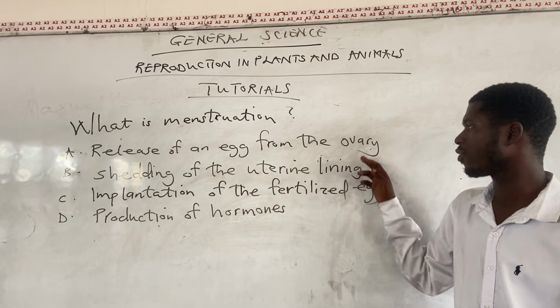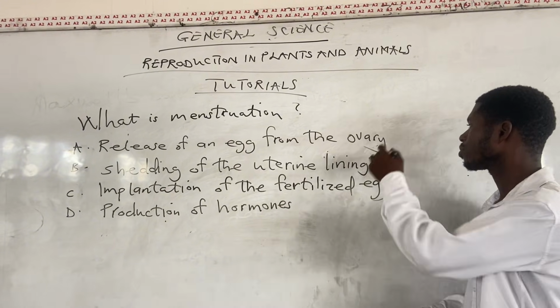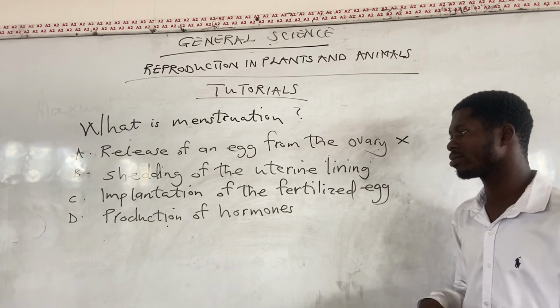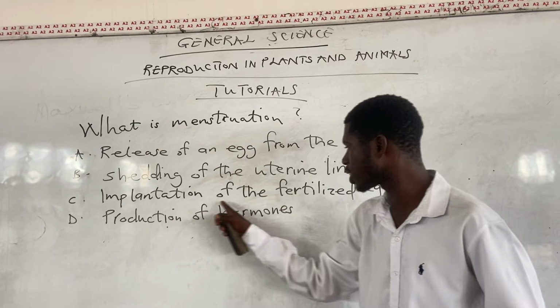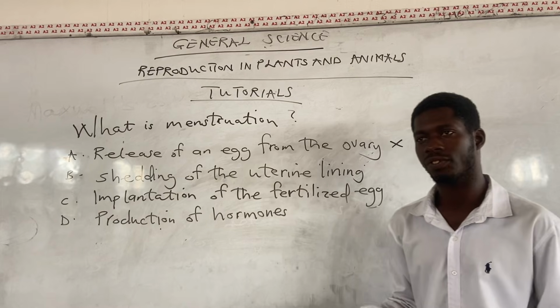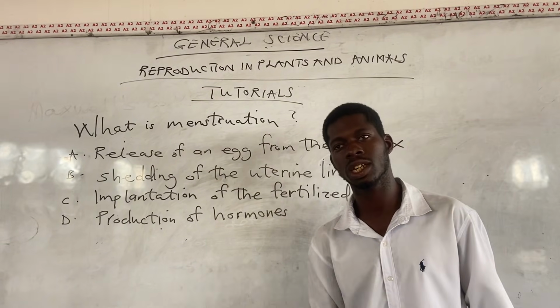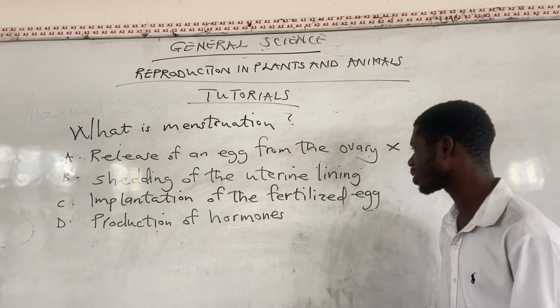That's ovulation, right? So it is wrong. Then you can see implantation here, the implantation of the fertilized egg. Implantation is when the fertilized egg gets attached to the wall of the womb. So that one too is wrong as well.